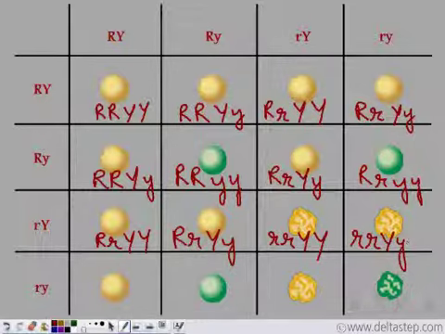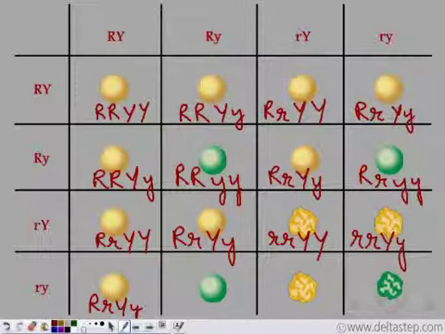And finally, the last row, this seed has the genotype capital R, small r, capital Y, small y. This one, capital R, small r, small y, small y.